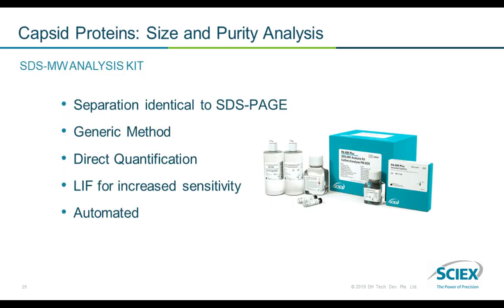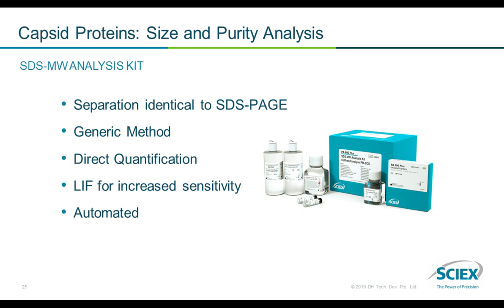For capsid protein purity and size analysis, we use the standard SDS molecular weight analysis kit, which is one of the workhorses used on the P800 plus system. It's identical to SDS-PAGE and uses generic methods.